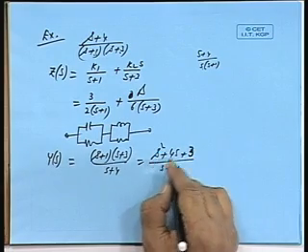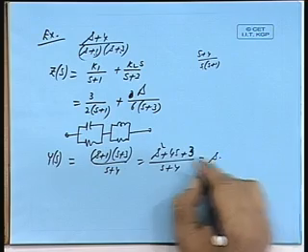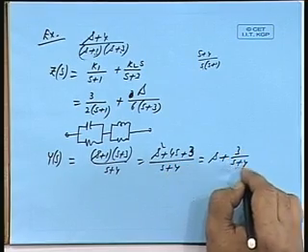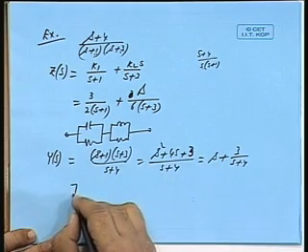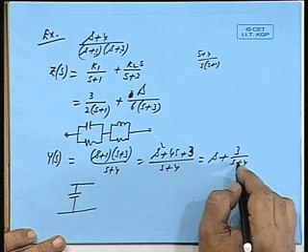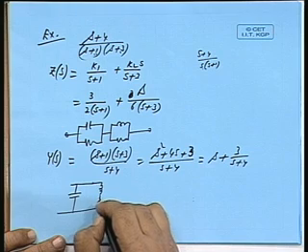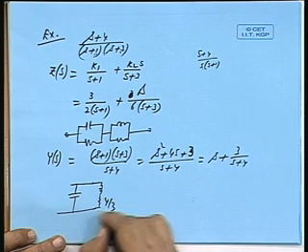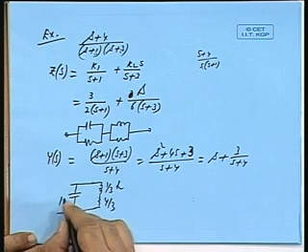Okay. (s squared plus 4s) by (s plus 4) is s, into (s plus 4), plus 3 by (s plus 4). So, this is a capacitor, and (s plus 4) by 3 is the impedance. So, it is 4 by 3 ohm resistance and 1/3 Henry inductor. This is 1 farad capacitor.